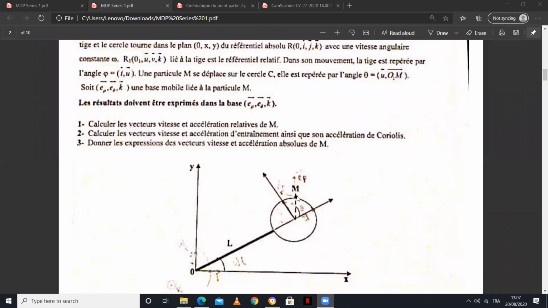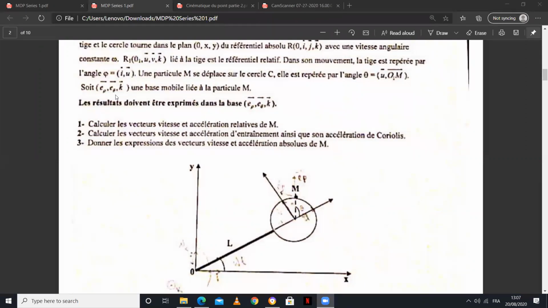It's not represented here because we are in a two-dimensional figure. So as M is moving on the circle, even this base is moving with it. That's why they are saying une base mobile liée à la particule M. These vectors are changing direction depending on the position of M on the circle.